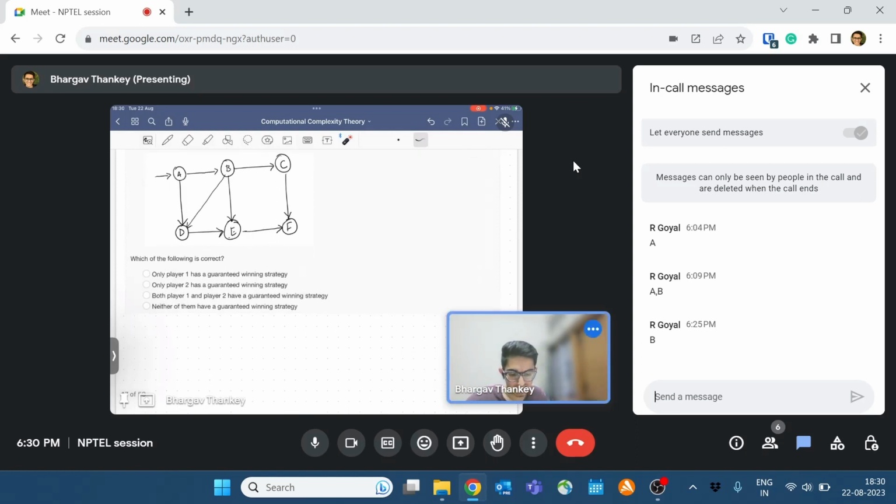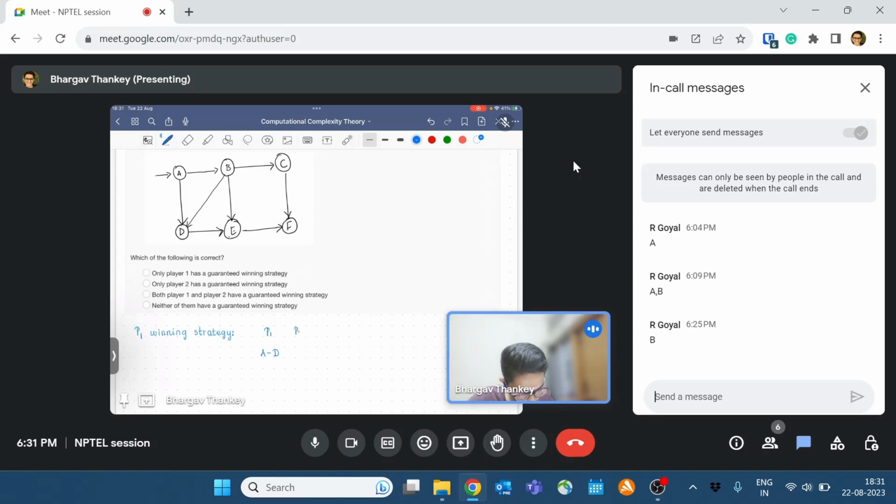Okay, let me show you a winning strategy for player one. A to D, D to E, E to F. So these are moves of player one. Player one plays A to D. So now you cannot visit A and D again.